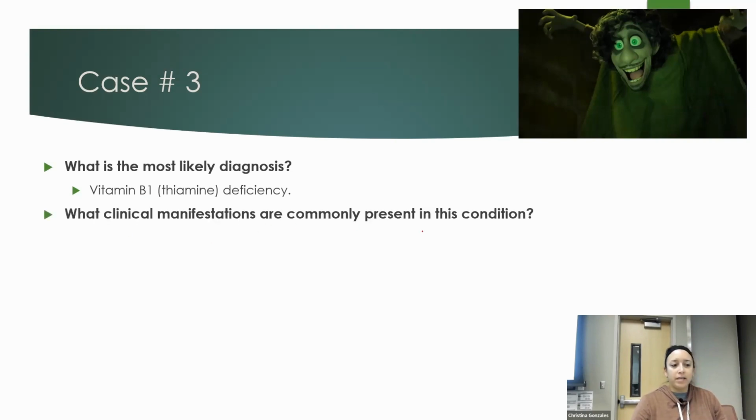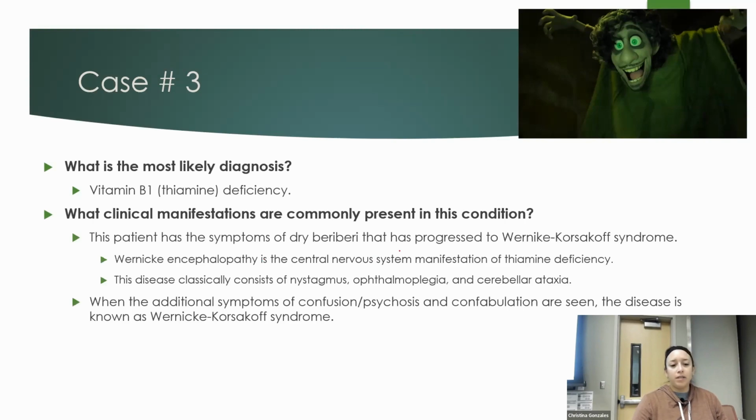What clinical manifestations are common? Like we talked about, beriberi, so dry or wet. And then for Wernicke's encephalopathy, you usually see nystagmus and ataxia, not being able to walk very well.